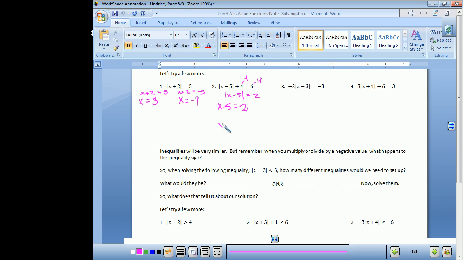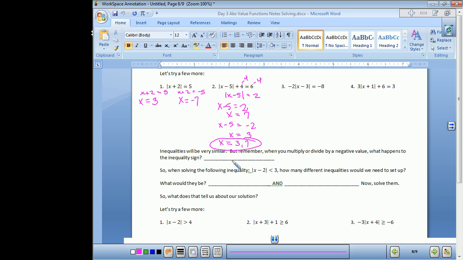Or x minus 5 would equal negative 2, and that would be true. Never change the sign of what's inside the absolute value. What you're changing the sign of is what it's equal to. So here we get x equals 7. Here we get x equals 3. So those are my answers, 3 or 7.